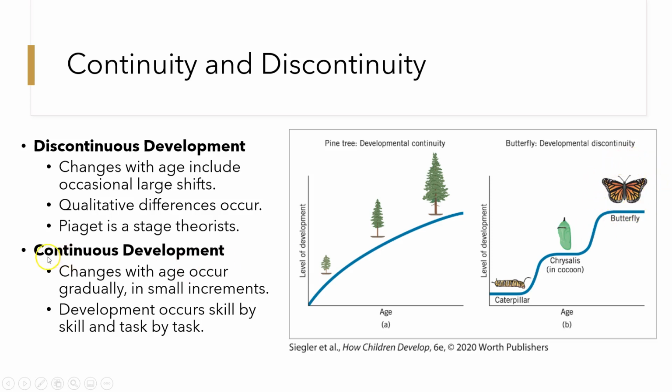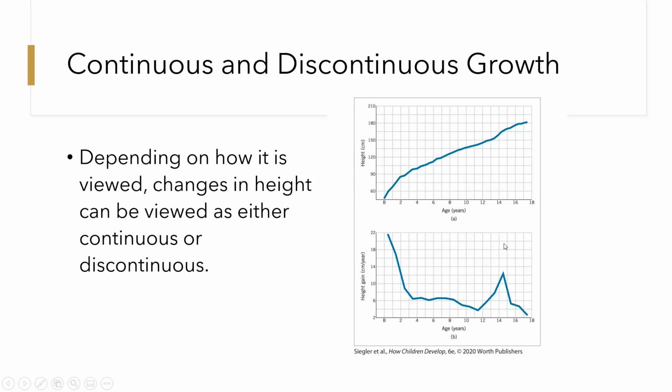Or do you think of development as a more continuous process in which changes with age occur gradually in very small segments, like a small tree becoming a bigger tree over time, where you're not seeing these huge differences, but just slow, continuous growth? There are people who think about development in both of these ways, and in fact, depending on how you look at things, you might see development through one lens as continuous and through another as discontinuous.